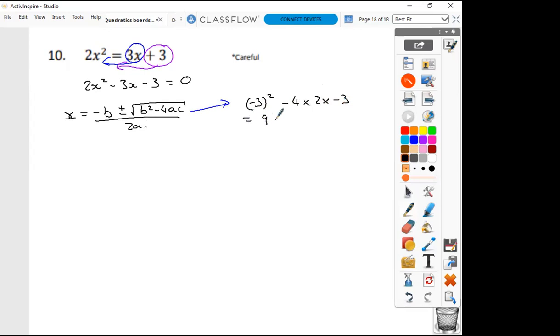So that would be 9 minus 4 times negative 3, which would be 12 times 2, 24. So it'd be positive 24. Leave the 33. So my equation would be negative b, which gives me a positive, plus or minus root of 33 over 2 times 2. Positive 3 plus or minus root 33. Got it.